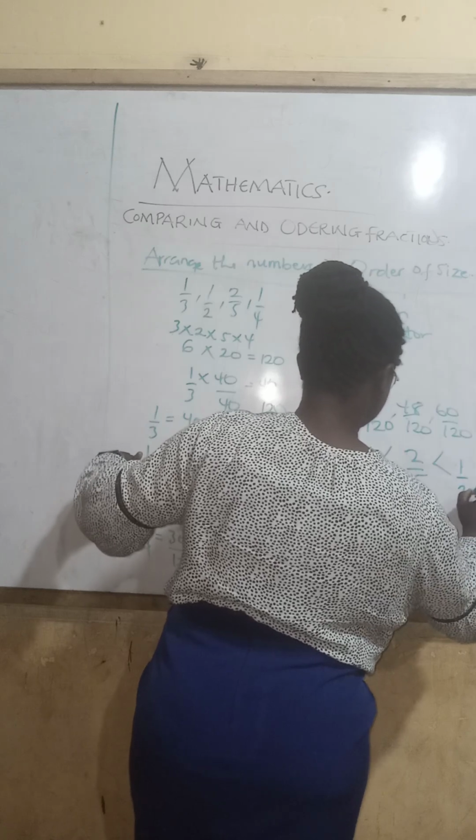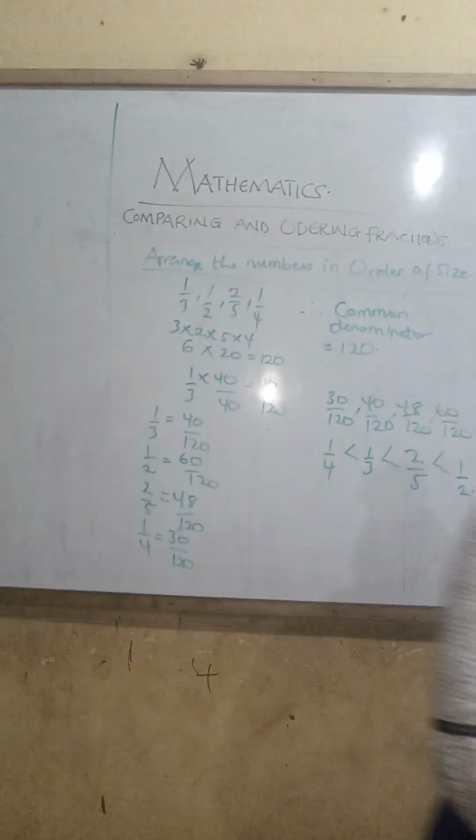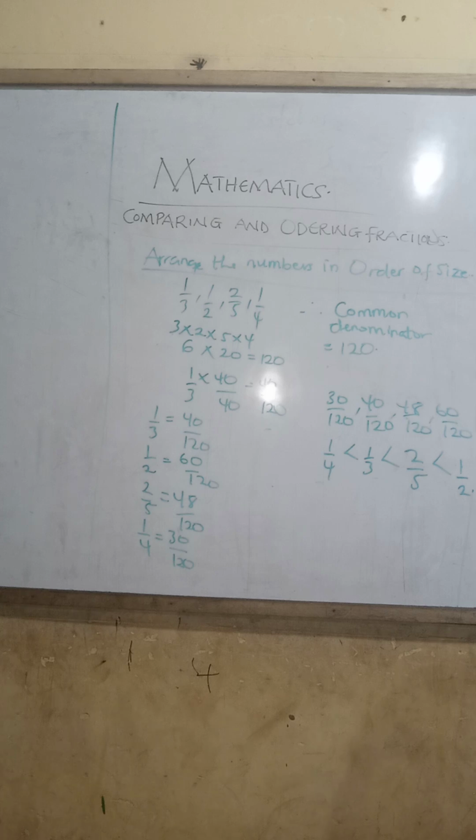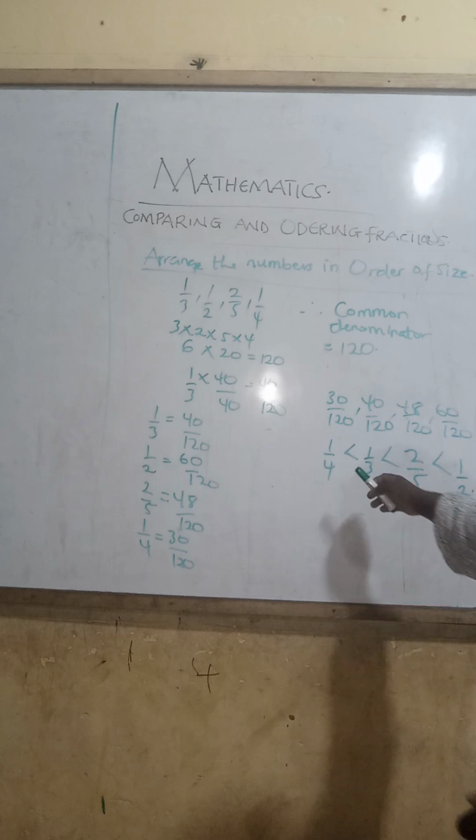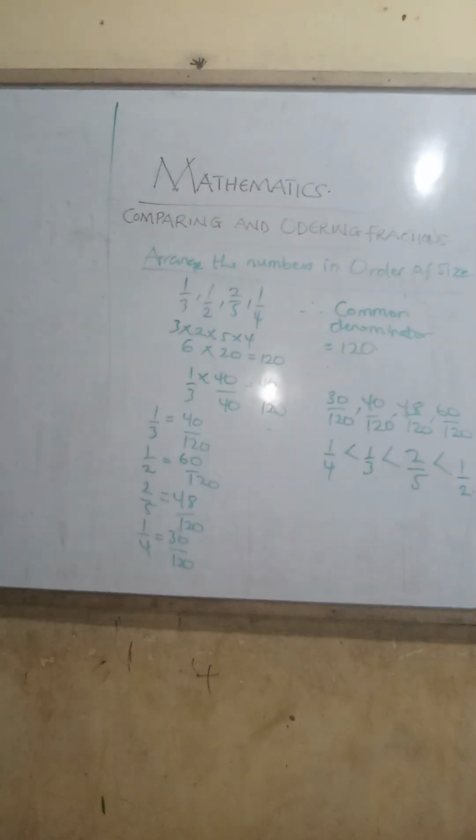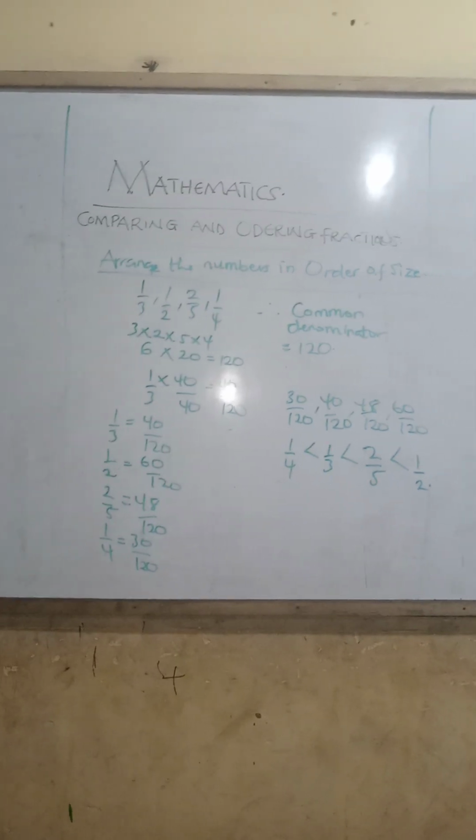We should know that the smallest fraction is the one with the smallest numerator, and the largest fraction is the one with the largest numerator, once the denominators are the same. So this is what we've solved with different denominators.